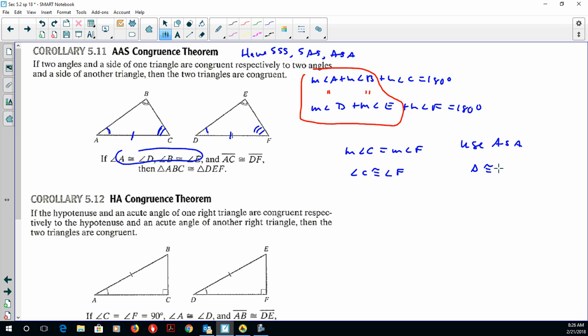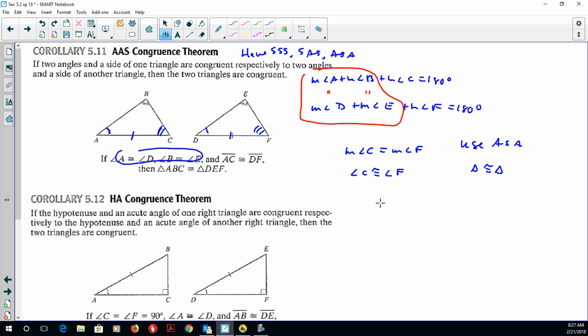I ran through it real quickly, but here's the key point: you set up one sum equal to 180 for one triangle, and a sum equal to 180 for the other. And then basically you say that the measure of angle C is 180 minus those two, which is the same thing as 180 minus those two, which is the measure of angle F. And then that gives you angle, side, angle.